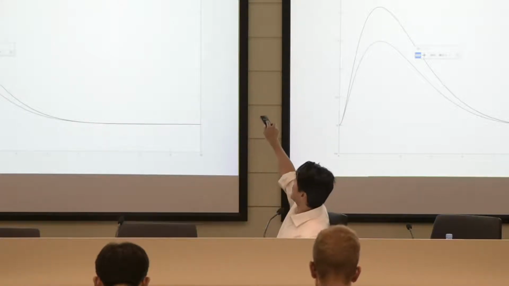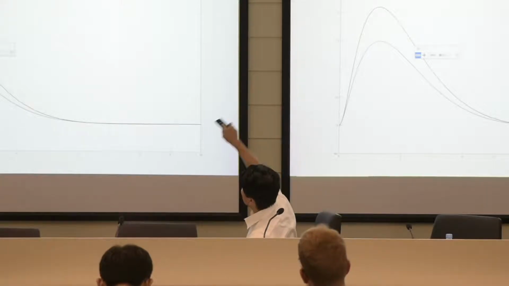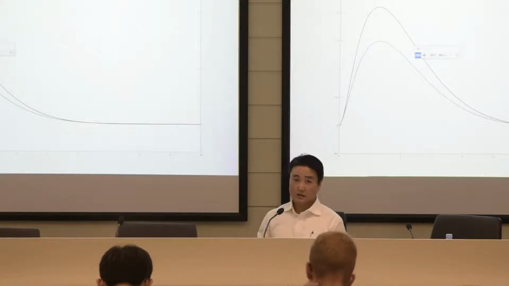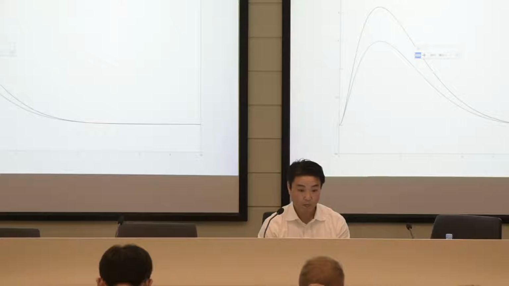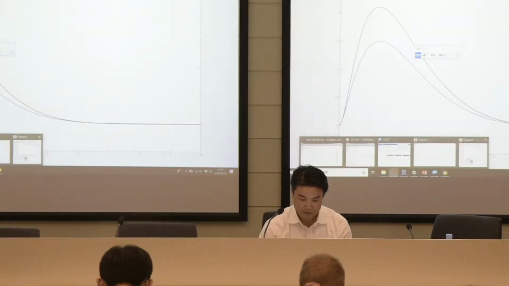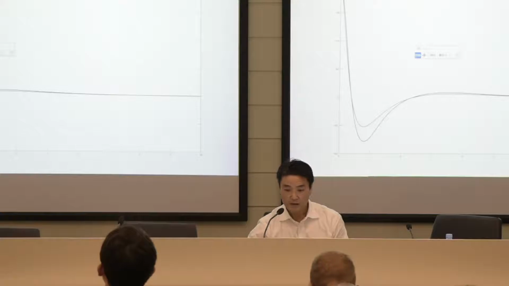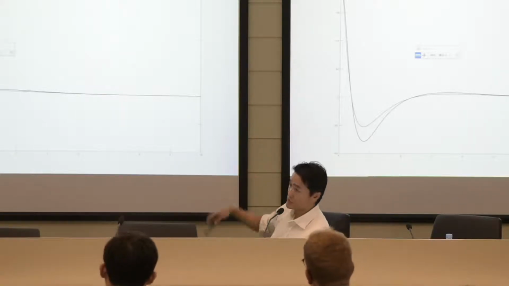I wrote linear and nonlinear both. Small, but the blue is linear and red is nonlinear. The behavior is quite different. In the second figure, this is the response of the angle. Blue is the linear model, red is the nonlinear model.